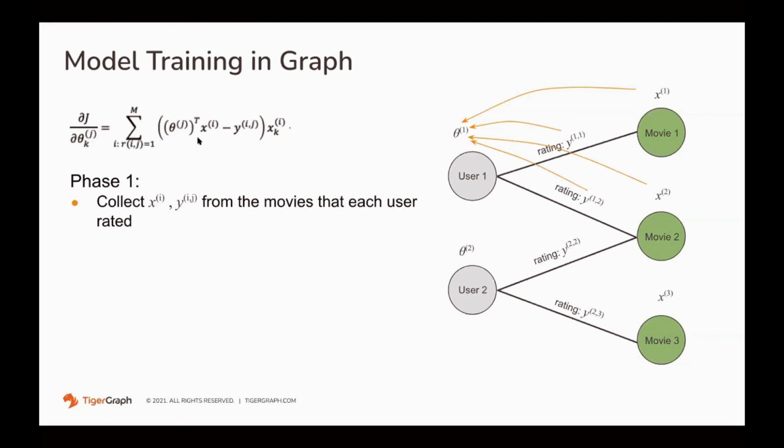A gradient is basically the dot product of the latent factor vectors between a user and a movie subtracted from the actual rating, and then multiplied by the movie's latent factor vector. So in model training, we first collect all the latent factor vectors for the movies and all the ratings for those movies, that's xi and yij from all the movies.